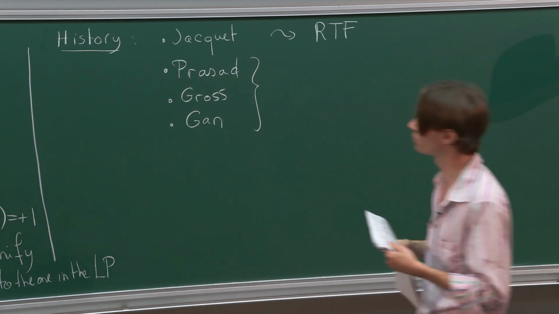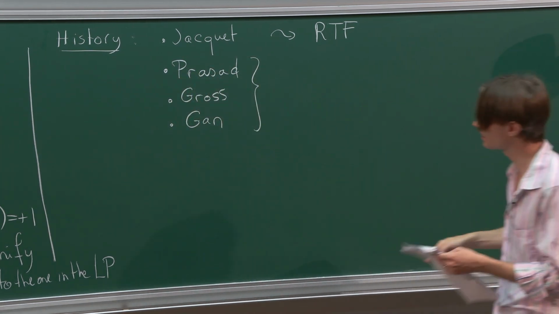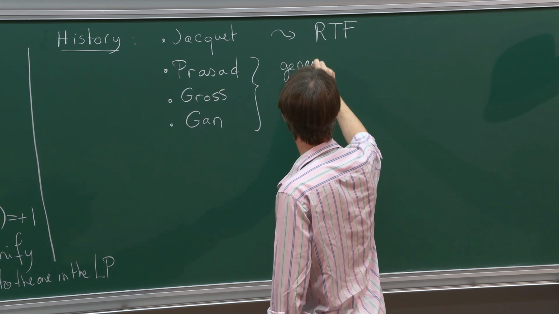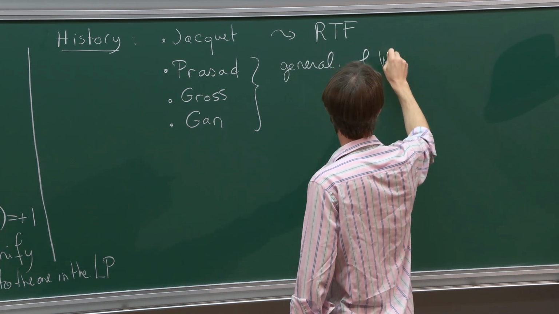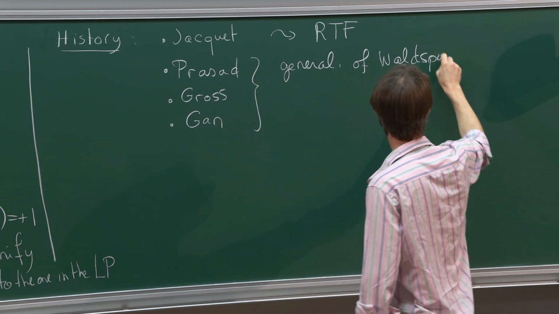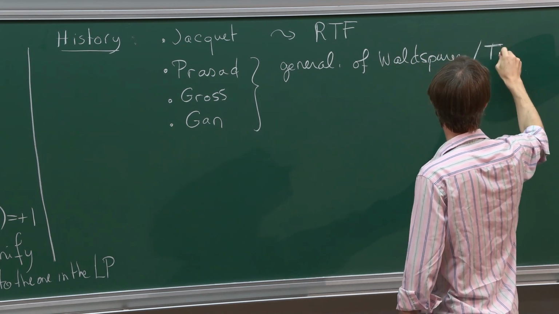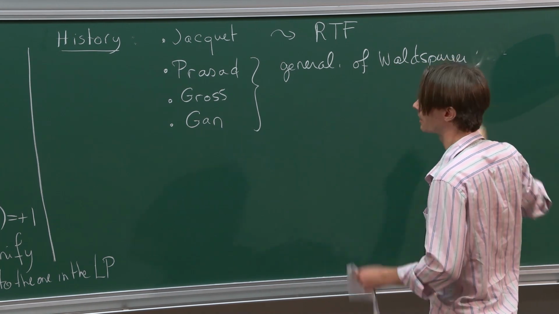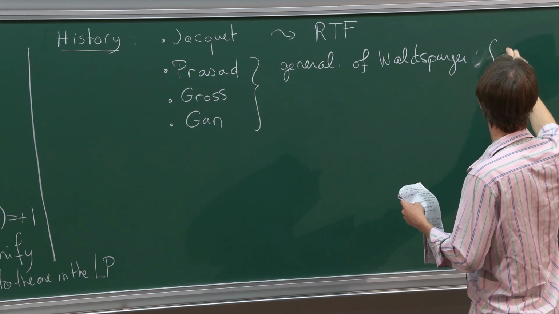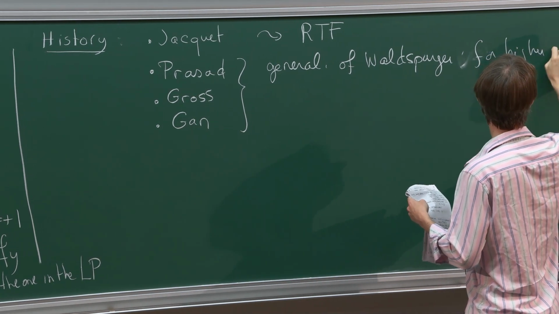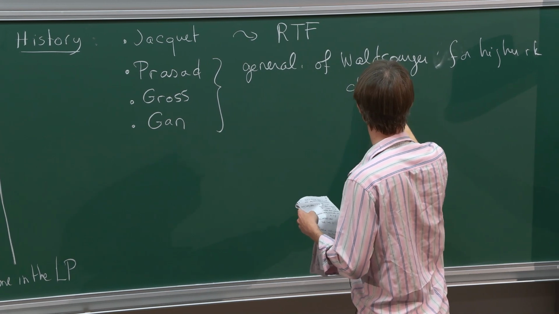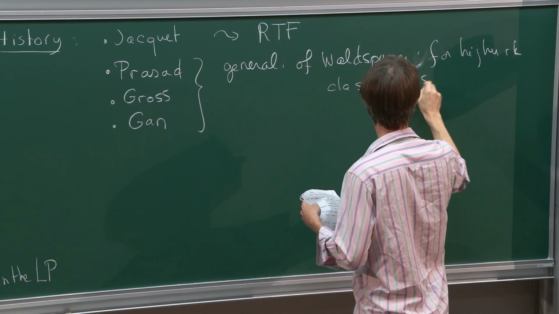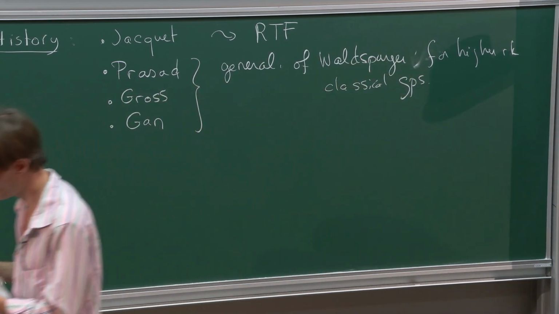And this led to the so-called Gan-Gross-Prasad conjectures, which are generalizations in some sense of the Tunnell-Saito theorem for higher rank classical groups. Okay, that I will talk about also.